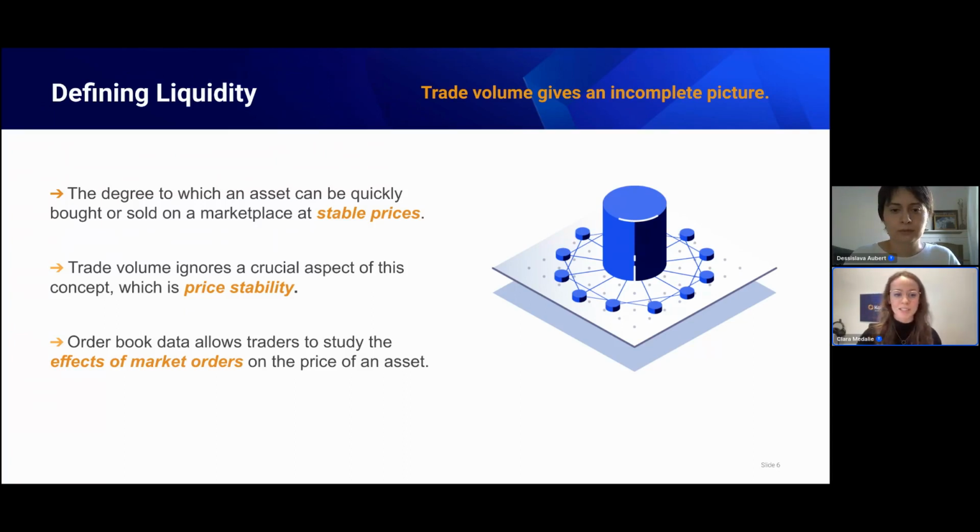And this something else is order book data. So order book data, it's essentially unexecuted orders, bids, and asks for an asset. And with order book data, you can study the impact of trades on the price of an asset. So at Kaiko and Kaiko Research, almost all of our liquidity analysis incorporates this data type.